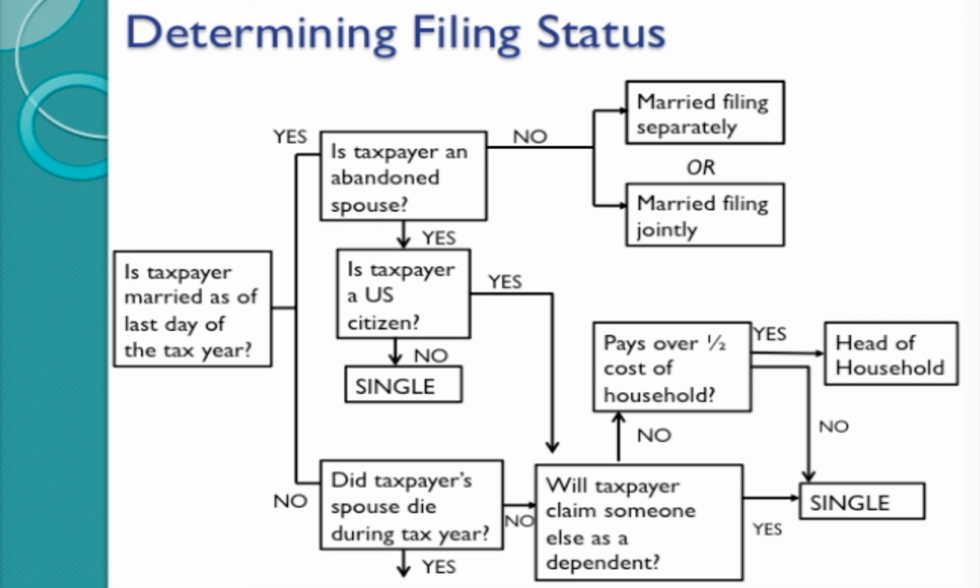These next two slides are just a flow chart that you can walk through that might be a handy reference just as you're getting used to individual taxation and looking at the various tax filing statuses. So, whether that be married filing separately, married filing jointly, single, head of household.